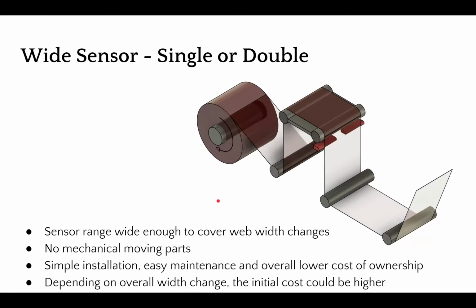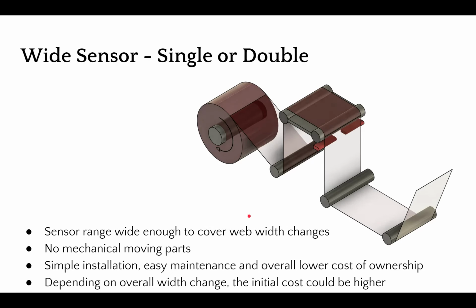An alternative solution, which is getting more popular lately, is to use two wide sensors that can span the entire web width change.